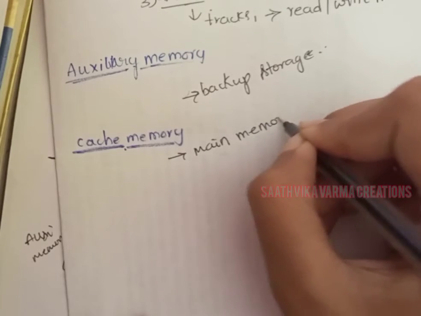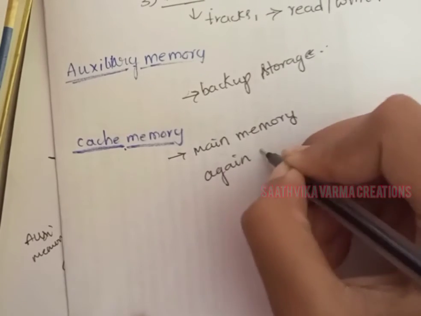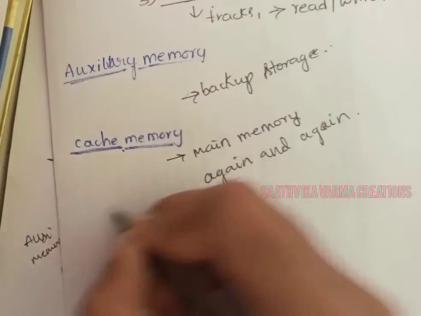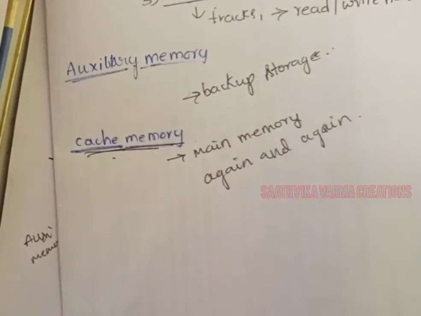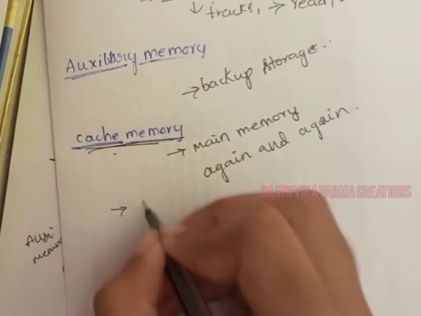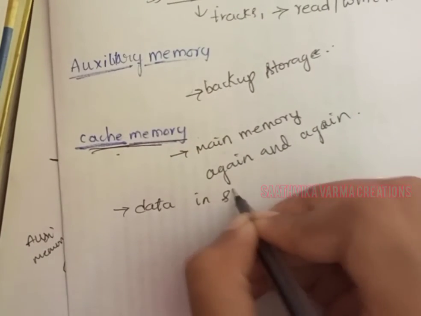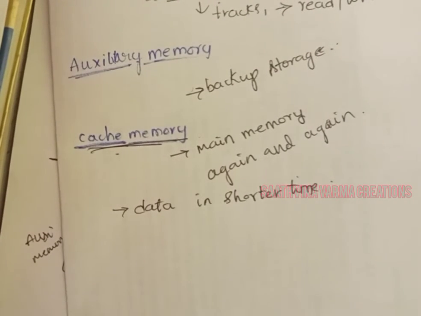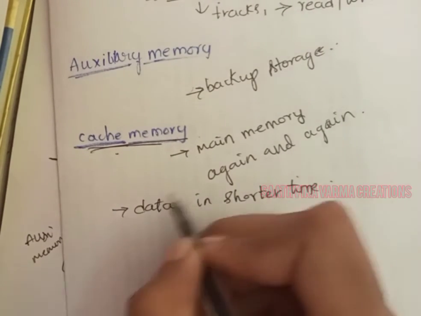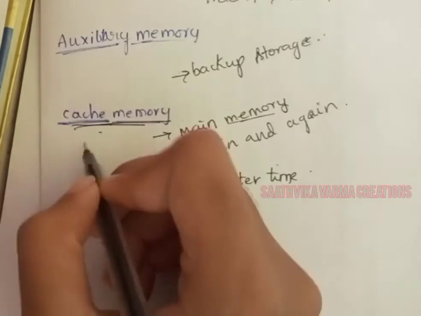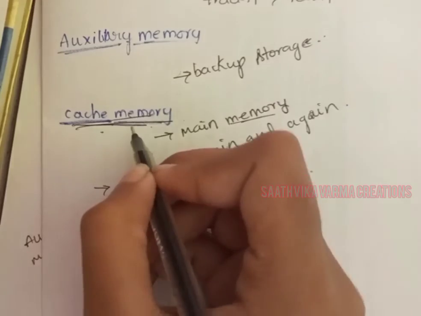The data or contents of the main memory that are used again and again by the CPU are stored in the cache memory so that they can be accessed easily in shorter time. Whenever the CPU needs to access memory, it first checks the cache memory.